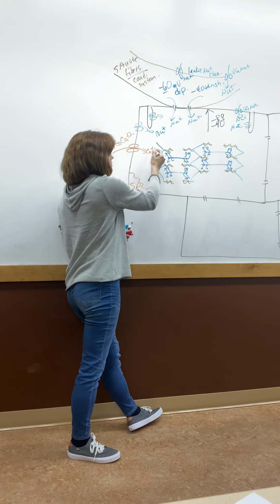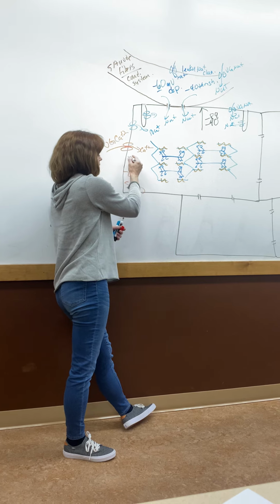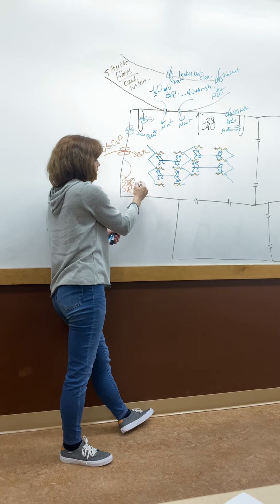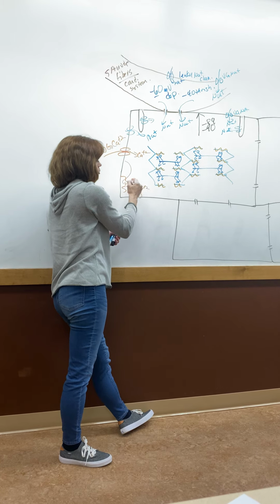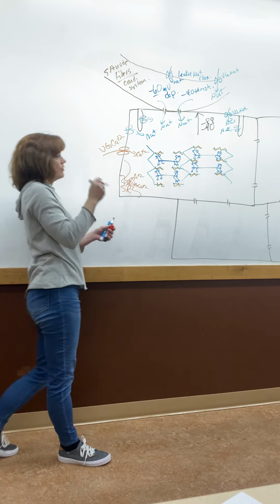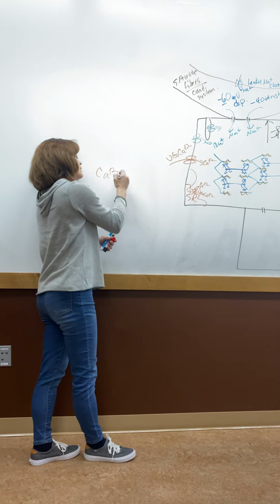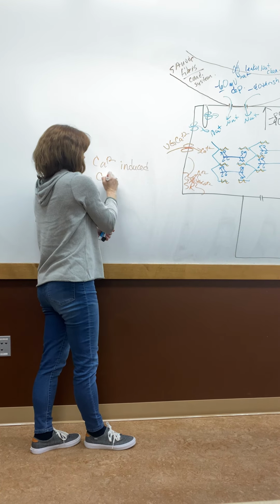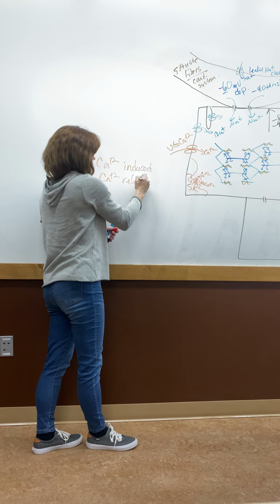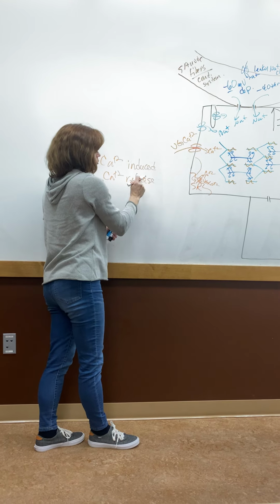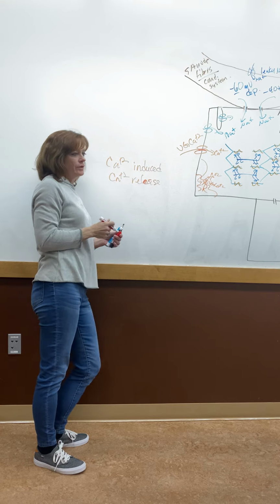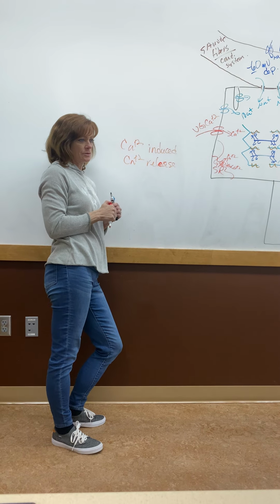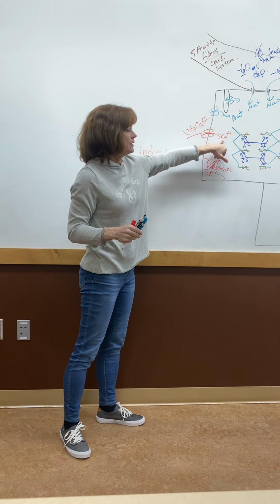When calcium comes in from the outside, that's going to open up voltage-gated channels on the sarcoplasmic reticulum. That process of calcium coming in from the outside to help the calcium be released from the sarcoplasmic reticulum is called calcium-induced calcium release.